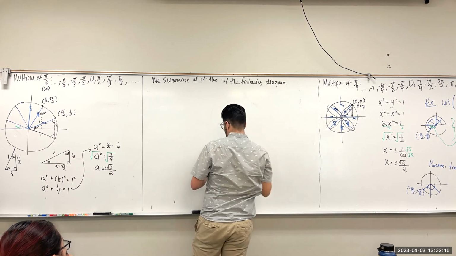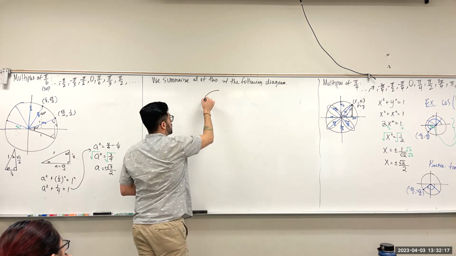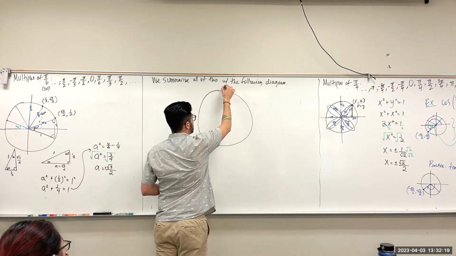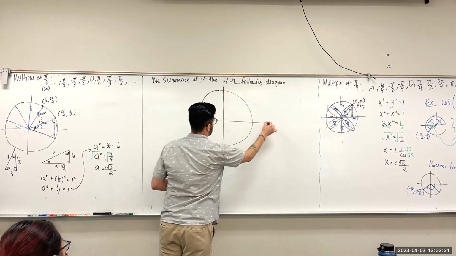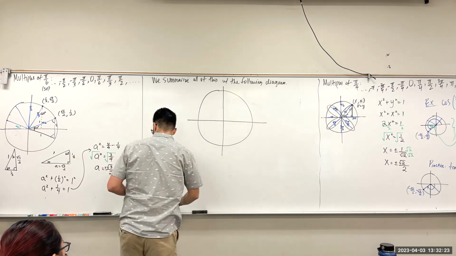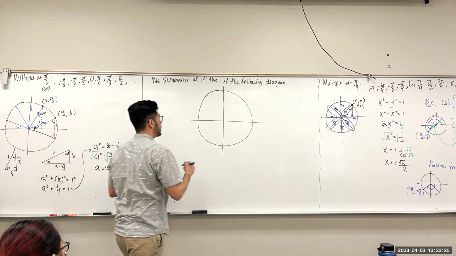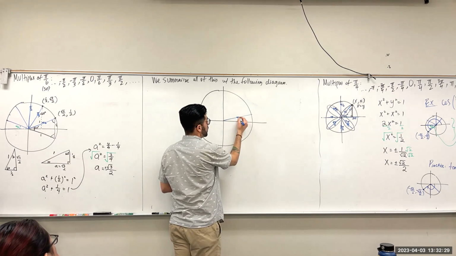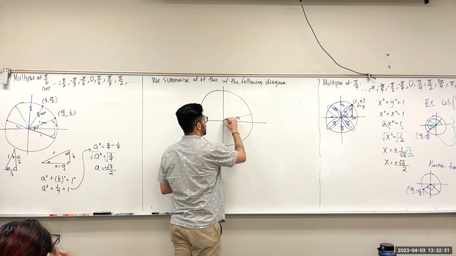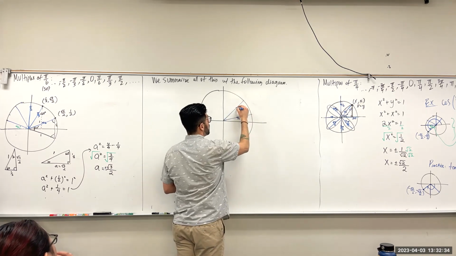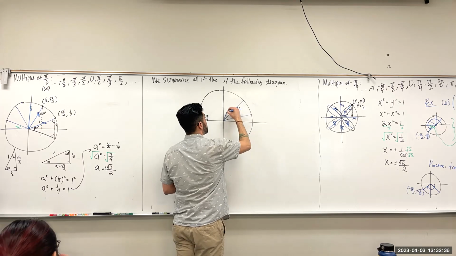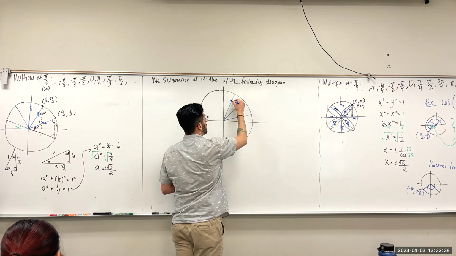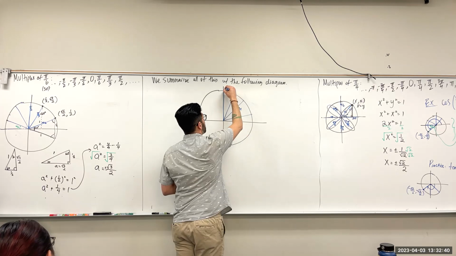Maybe you've seen it, maybe you have not seen it. So we have a big old unit circle here. Okay. You're going to have your 30 degrees, which is pi/6. Your pi/4. Your pi/3. And then you got your pi/2.